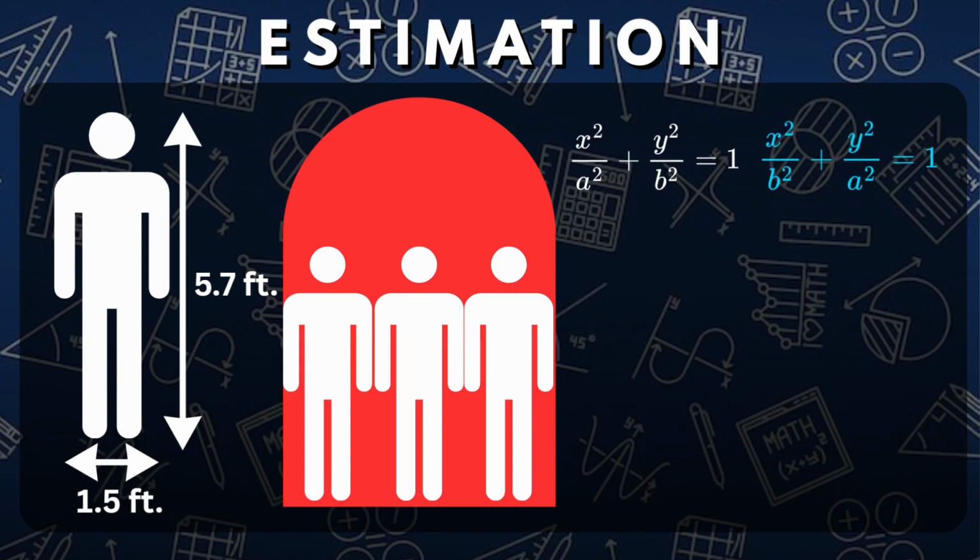That's why we're going to use this standard form, which is x squared over b squared plus y squared over a squared equals 1. I've chosen y as our axis because I wanted a design that is tall enough with an average width for the door, which is our client's request.